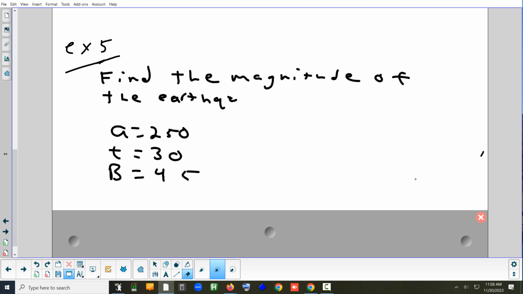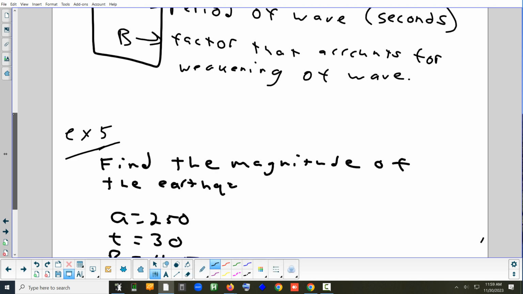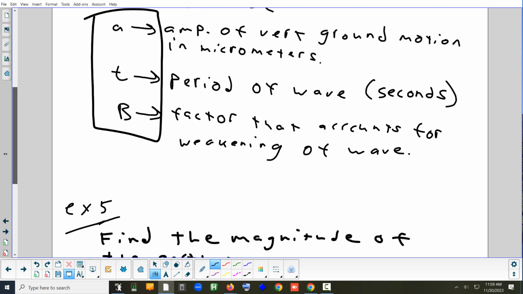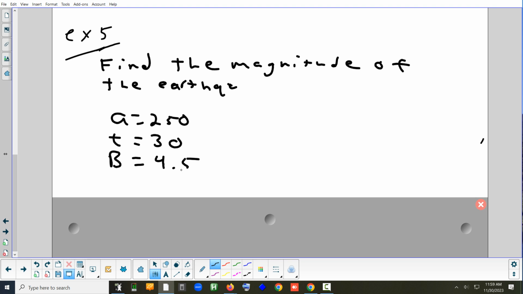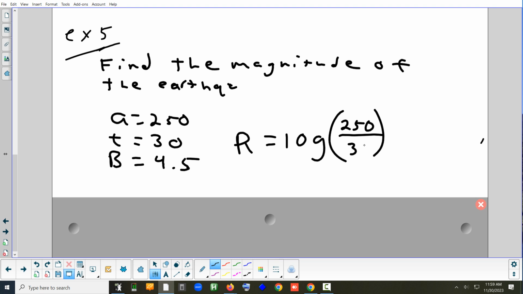So let's find the intensity. The letter I use for intensity is R. And what's the first thing that comes on the other side of that formula? Log. Yep, log. What goes in the top? 250. And the period, 30. And then what goes on the end?